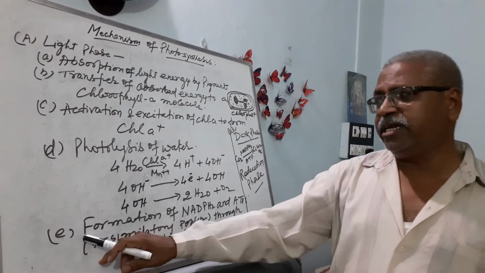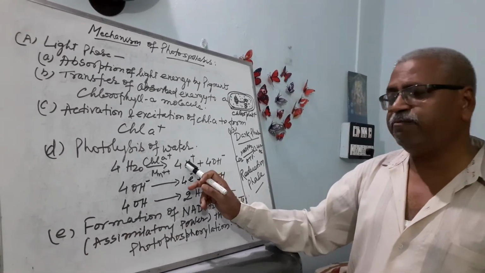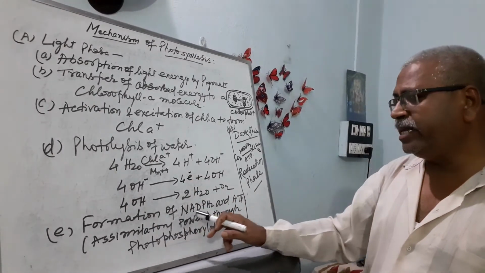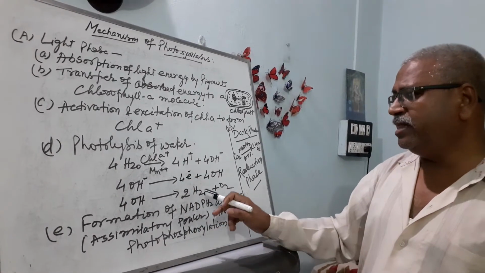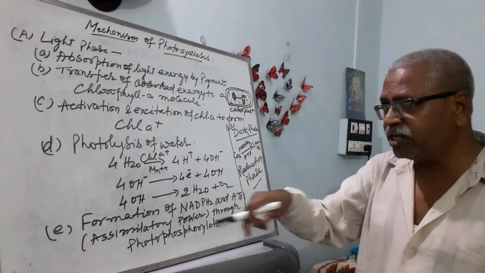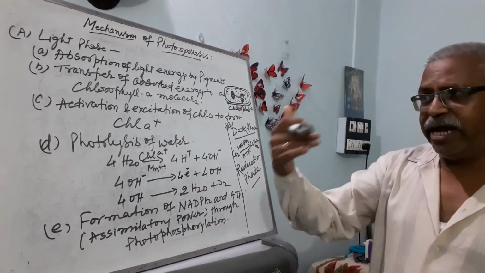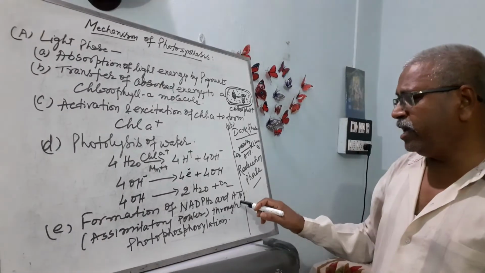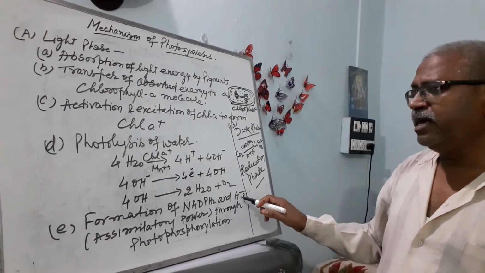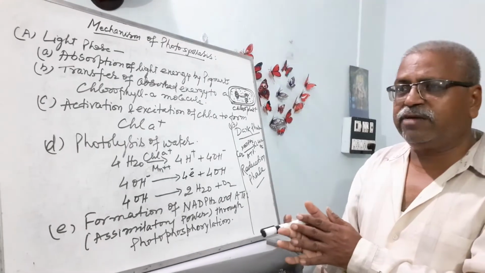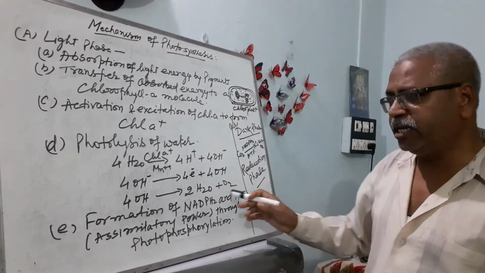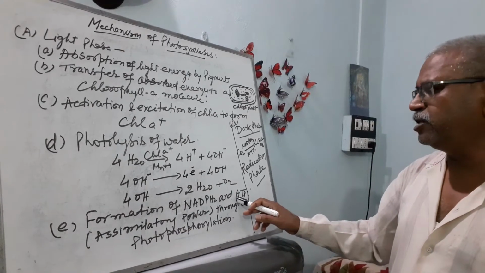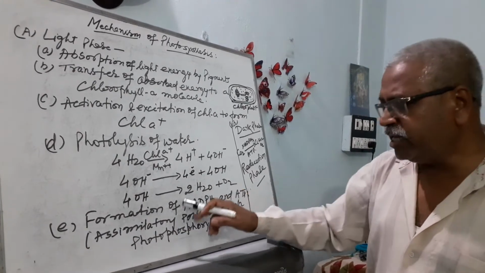And the last step, this hydrogen is accepted by NADP molecules to form NADPH2 molecules, and the electrons move through the cycle, during which at every step energy is released, and in this way at some steps ADP and inorganic phosphate combine to form ATP, and thus the last step is the formation of NADPH2 and ATP.